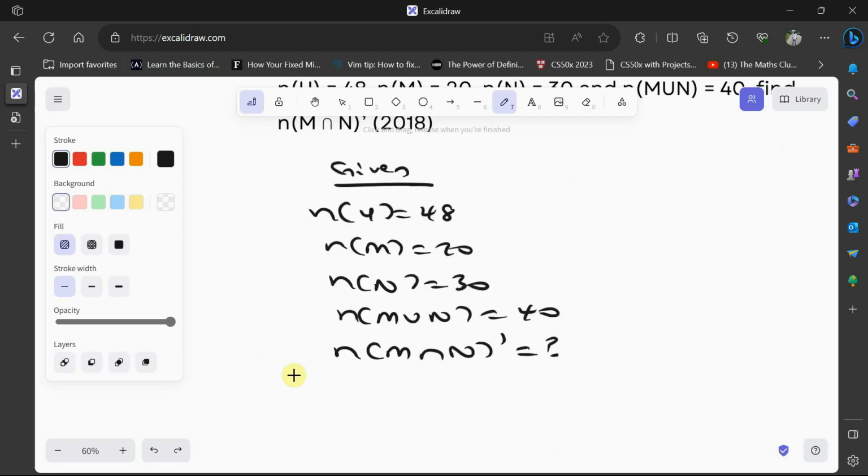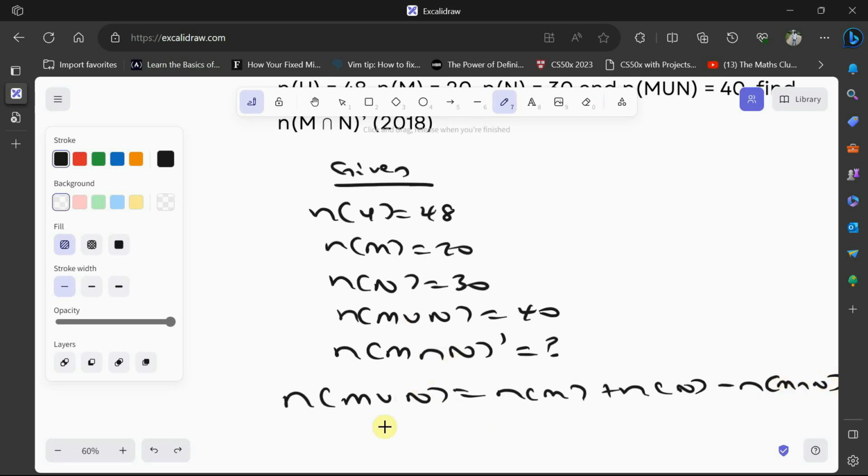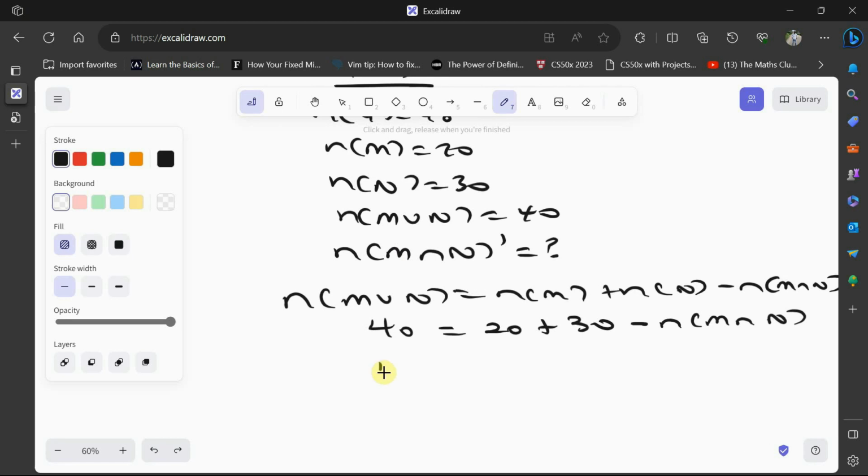Based on our formula, n(M union N) is equal to n(M) plus n(N) minus n(M intersection N). So if I substitute, 40 is equal to 20 plus 30 minus, we don't know this guy, so that will be n(M intersection N). Now let's simplify. So 40 will be equal to 20 plus 30 is 50 minus n(M intersection N).